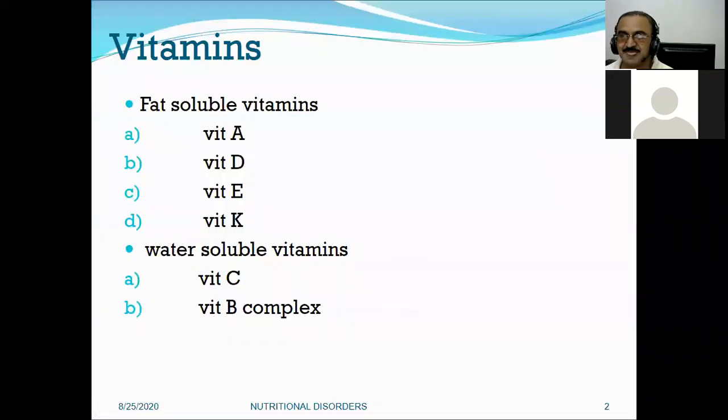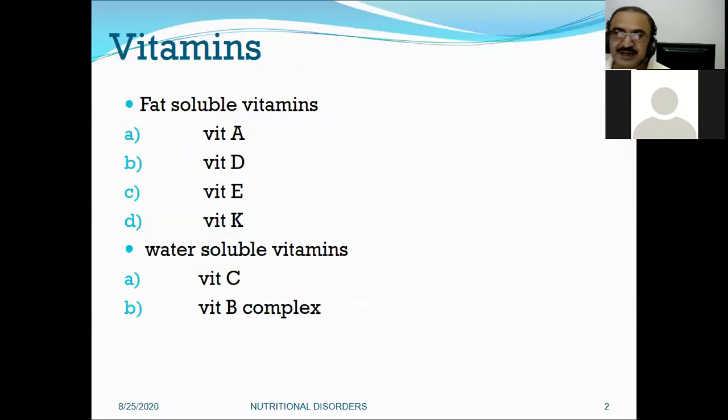So, there are two types of vitamins. You are already well aware, studied in the previous classes, biochemistry as well as physiology, vitamins. So just recall your memories, a quick review.